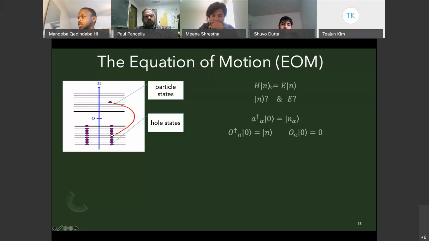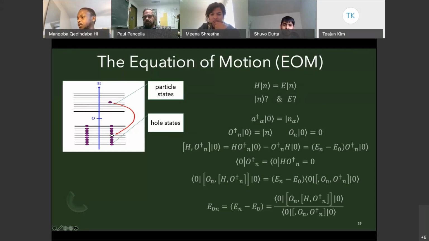So for this general problem, I can imagine some general excitation operator acting upon some general ground state to get the excited state. With a bit of algebra, you can show that all the excited states can be found by this equation, and this is what we call the equation of motion.